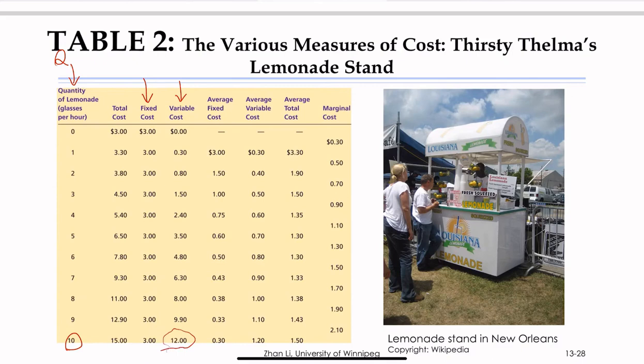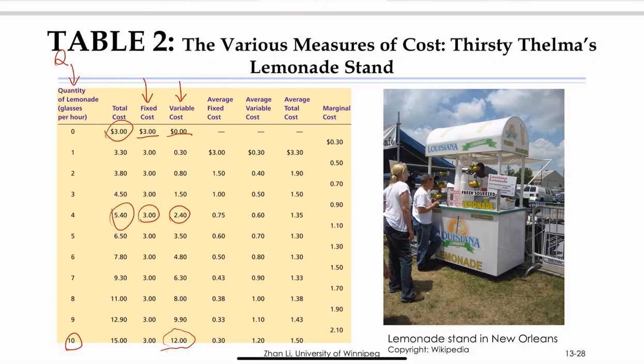And after getting a fixed cost and variable cost, we can basically find out what is the total cost. So by definition, total cost is the combination of fixed cost and the variable cost, right? So you can see here, if you add up these two numbers, you have total cost, right? Add up these two numbers, you have 5.4.